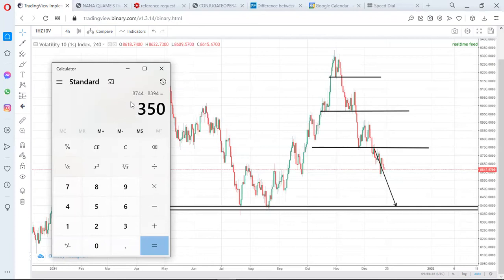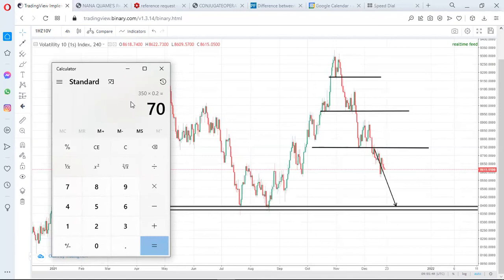Now it depends on you to know how much you are risking, how much you are targeting. It depends on the lot size you are using. I'm going to use the least lot size for Vix10 1s, and that is 0.2. So we multiply this by 0.2, and that gives us $70.